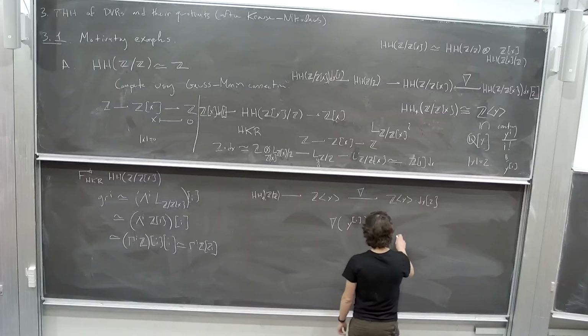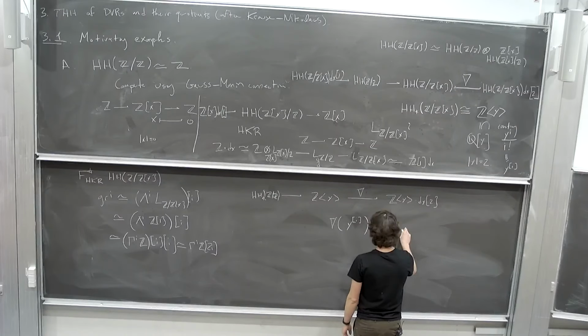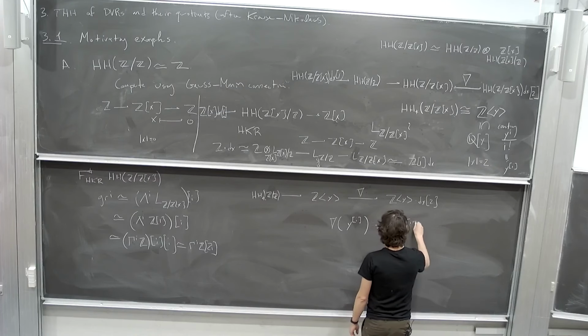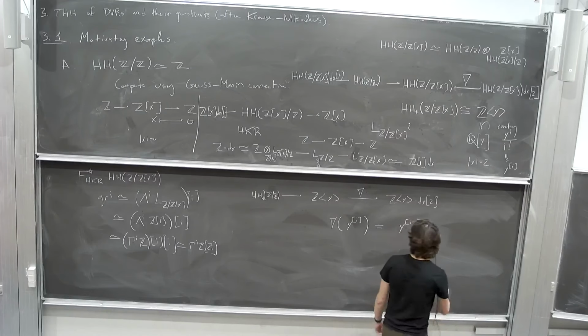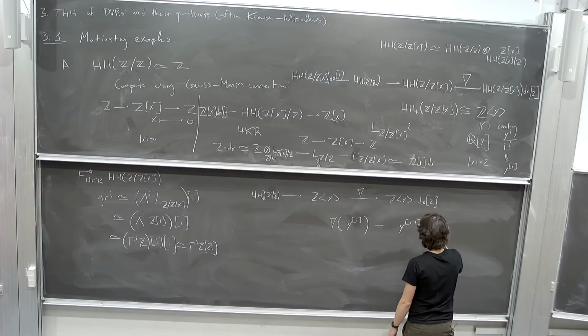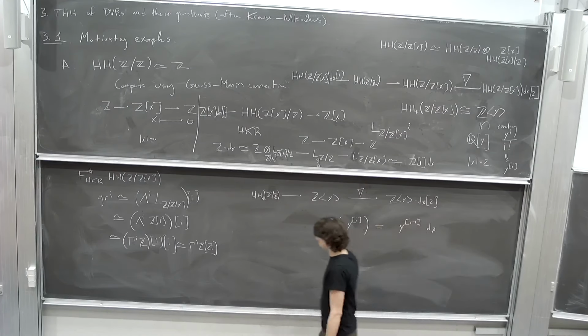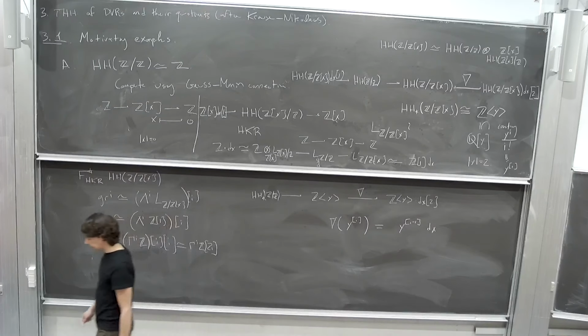So what happens here is that this is y^(i-1) and then this symbol dx. Okay. I'll justify this in a moment.